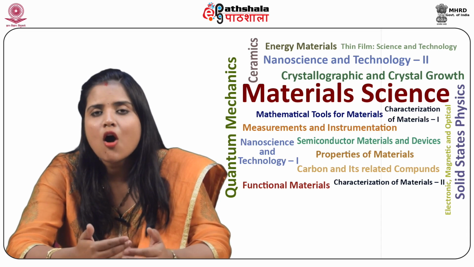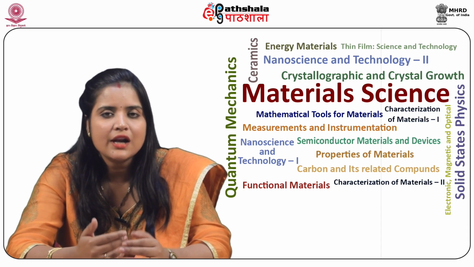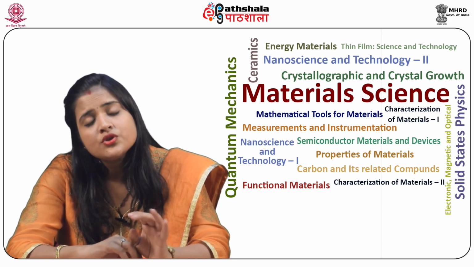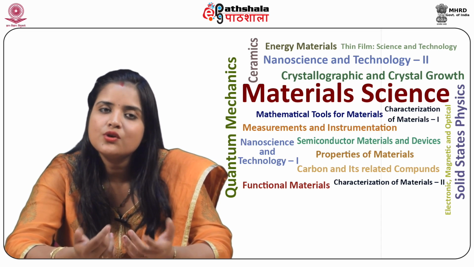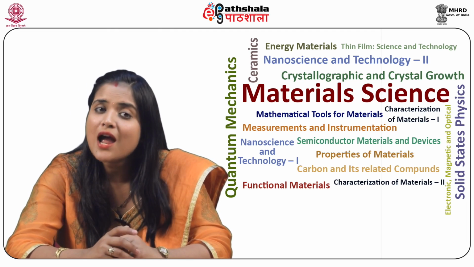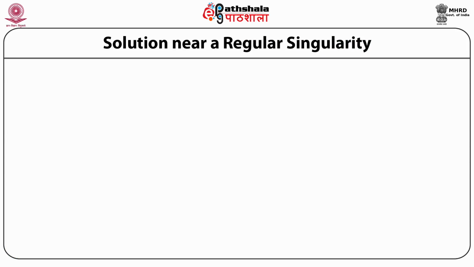In the neighborhood of an irregular singularity, the series method breaks down. Most of the equations that we usually come across have only regular singularities. Let us proceed with some examples now.